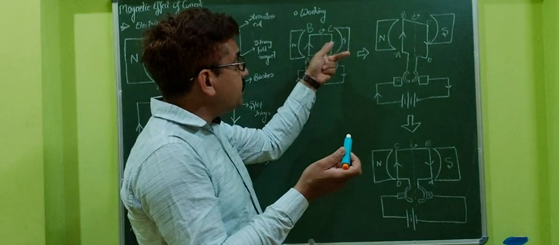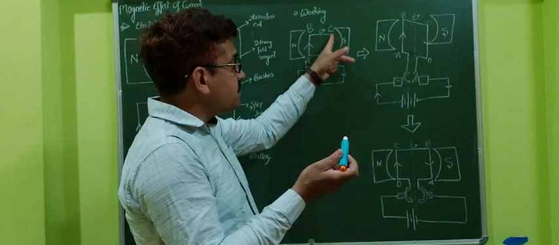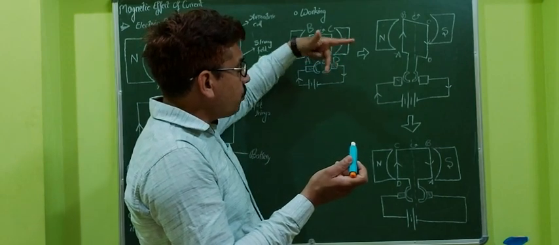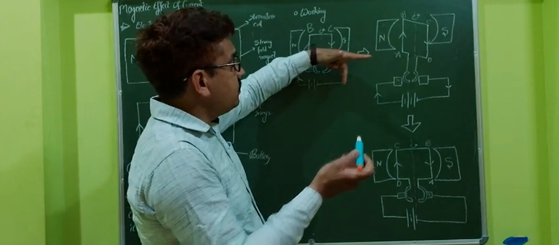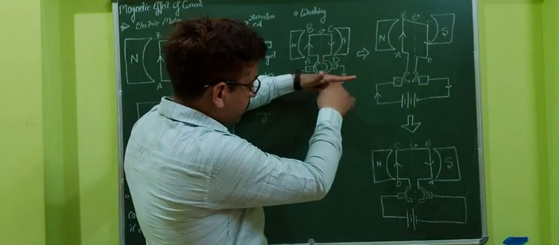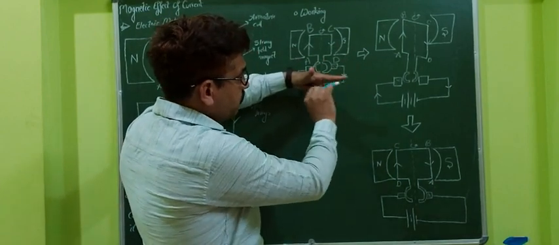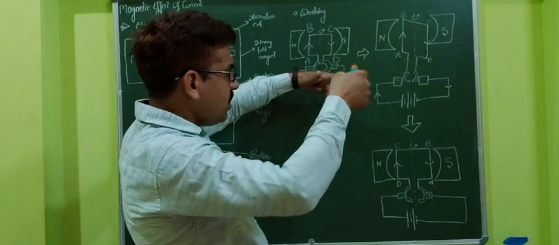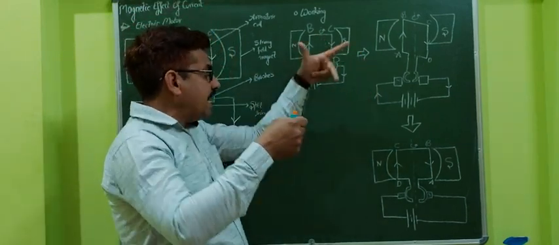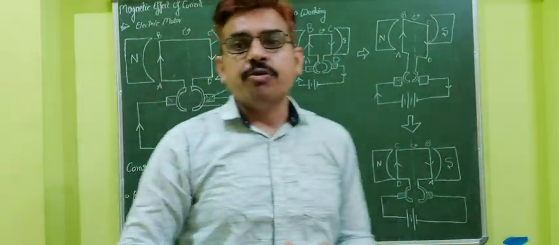But what is going to happen at CD? If we see CD, the current is in the downward direction, and this is the direction of the magnetic field, so the force is coming out. In this case the force is inward and in this case the force is outward.